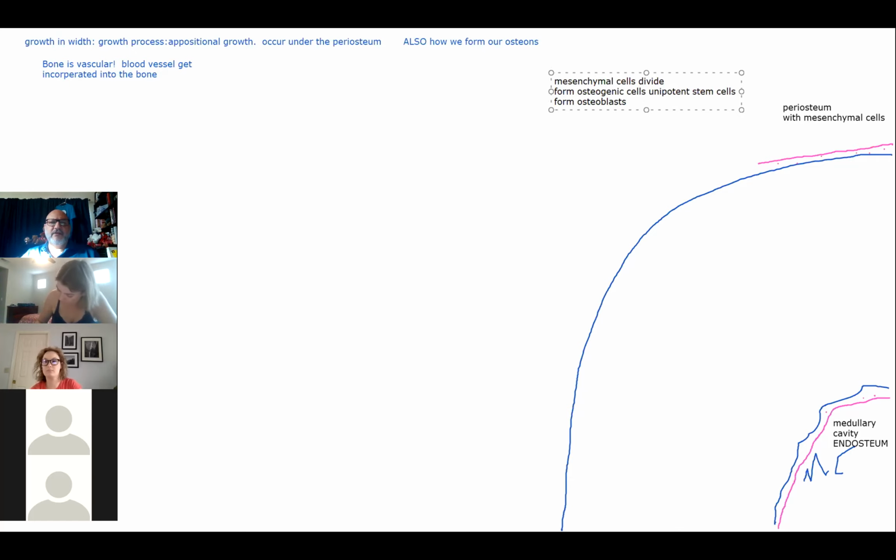So what we have here is an osteoblast that forms. Once that osteoblast forms, it makes and surrounds itself with matrix. And when it surrounds itself with matrix, it becomes an osteocyte in a lacuna.